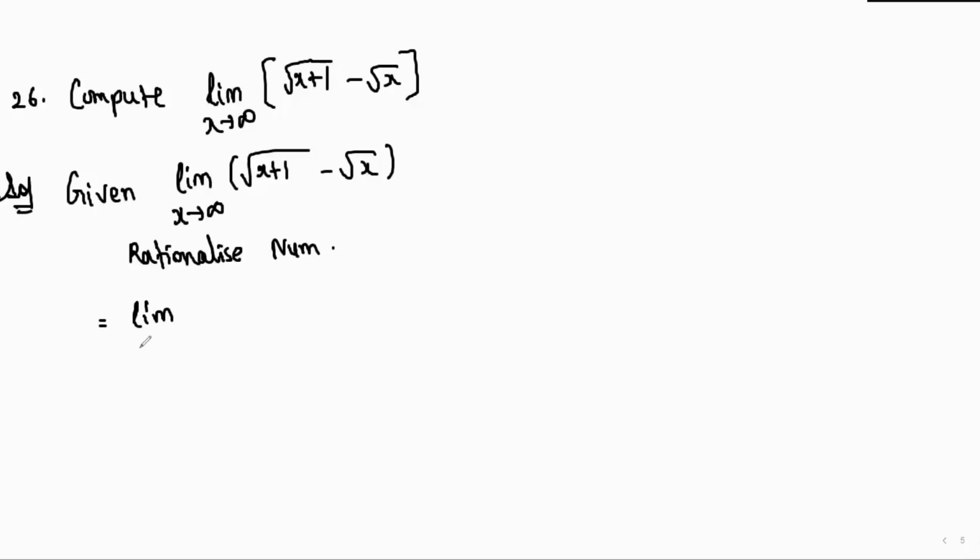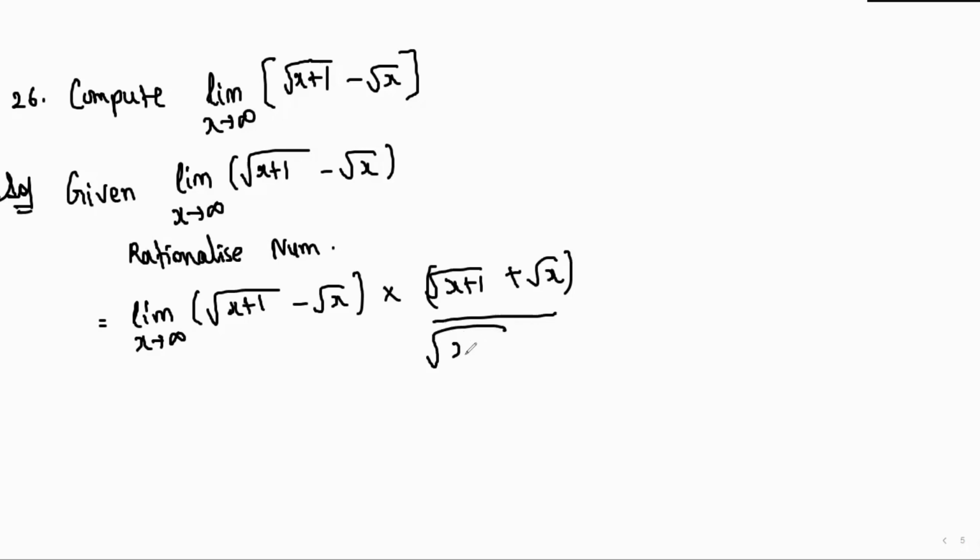So that is limit x tends to infinity (root over x plus 1 minus root x) into (root over x plus 1 plus root x) by (root over x plus 1 plus root x).